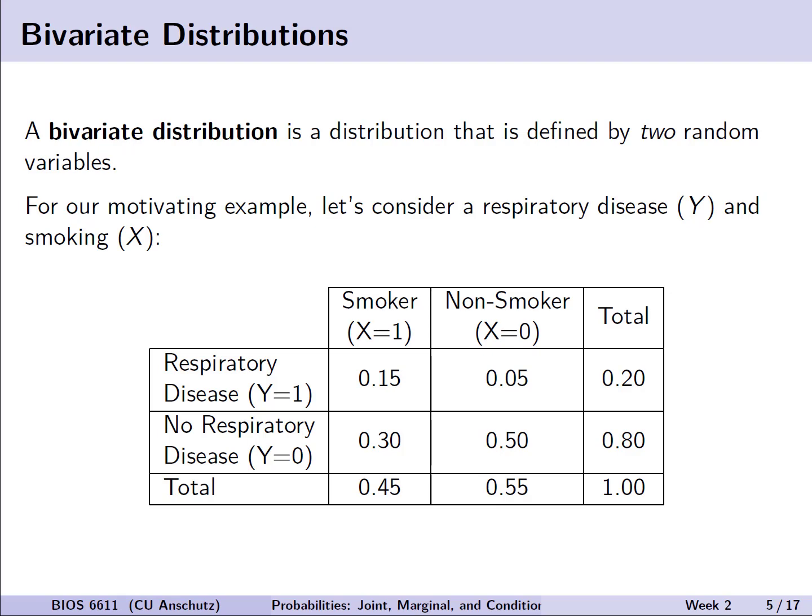We could imagine that we did a study, collected the information, and presented it in the table below, where we can see that, for example, a smoker who has respiratory disease represents 15% of the sample. We'll use this table and these random variables in the following slides to define some specific elements of probability.